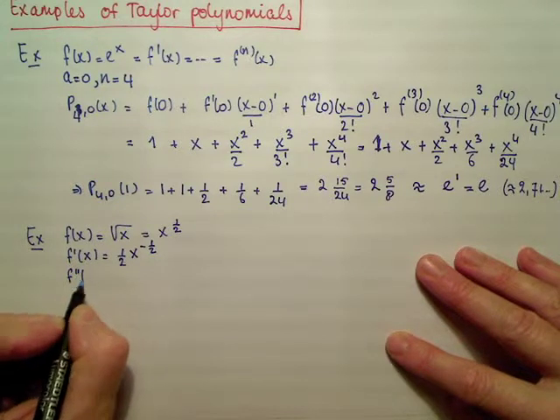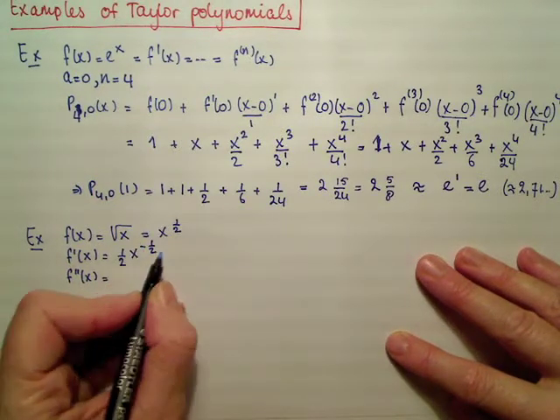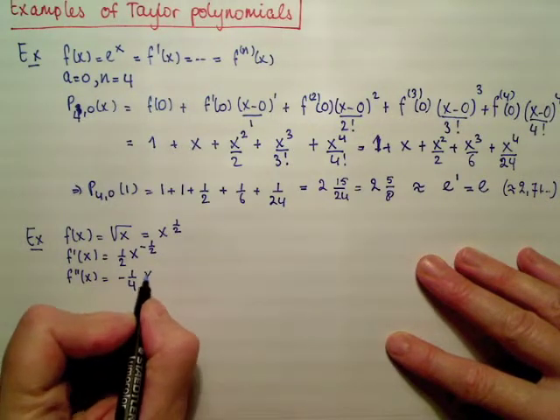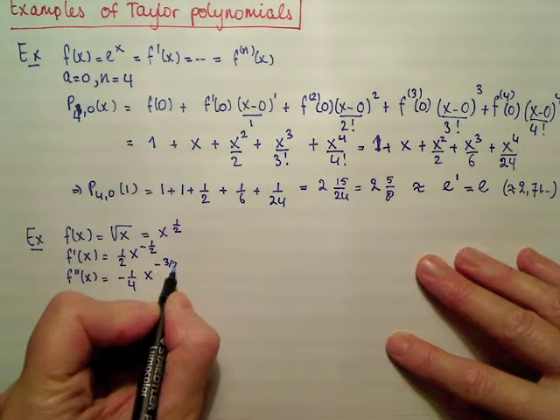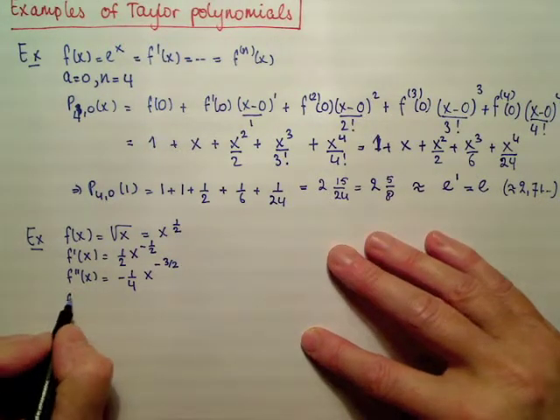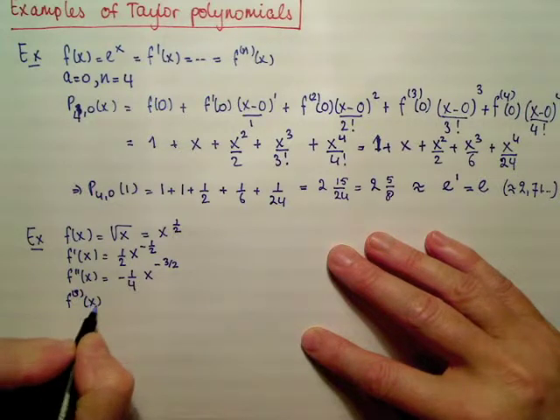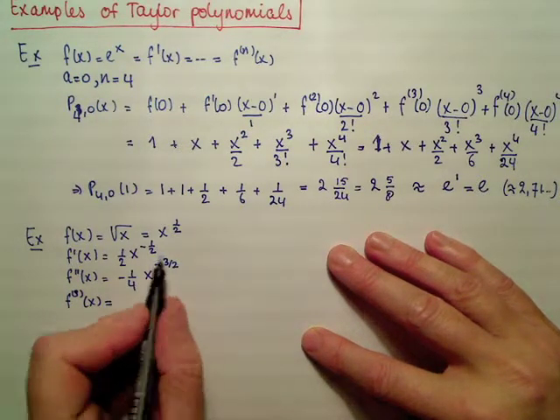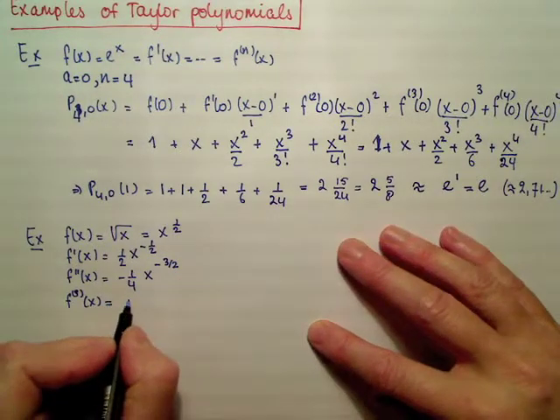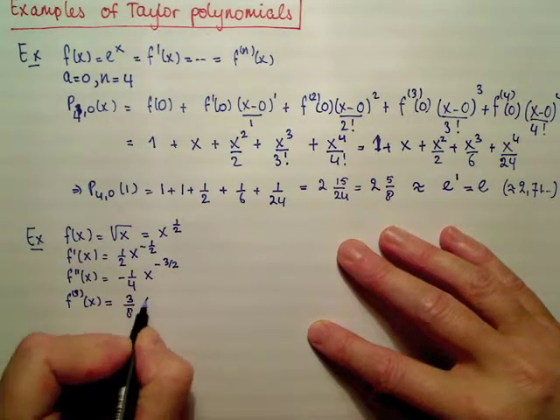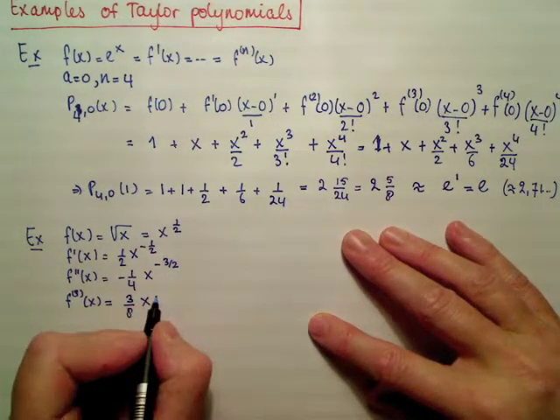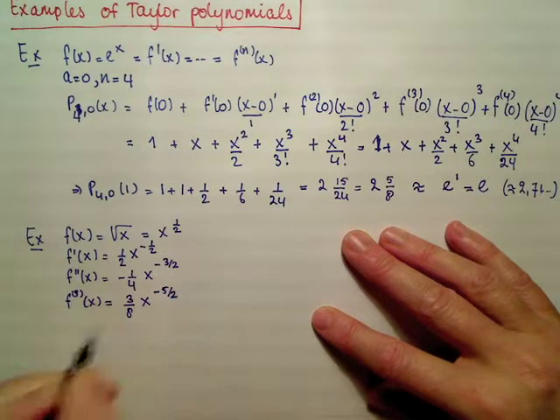The second order derivative is, well, minus half goes down, so we get minus 1/4 times x to the power minus 3 over 2, because the power decreases by 1, and the third derivative is equal to, well, what? The power goes down, so we get minus 3 over 2 multiplied by minus 1/4, which is plus 3 over 8, multiplied by x to the power which is 1 less than minus 3 over 2, so it is minus 5 over 2.